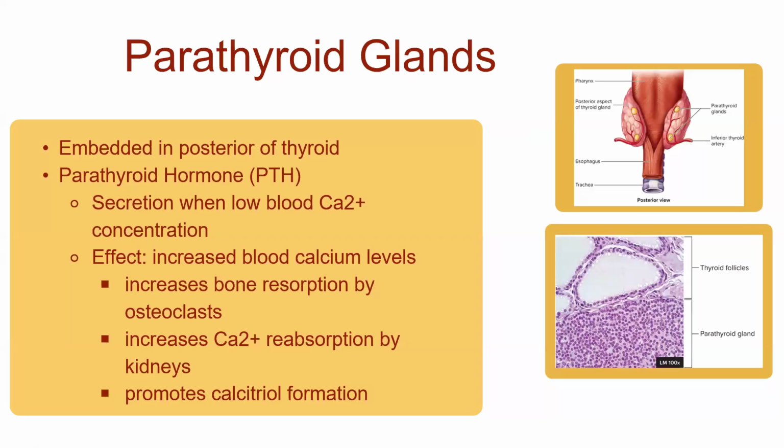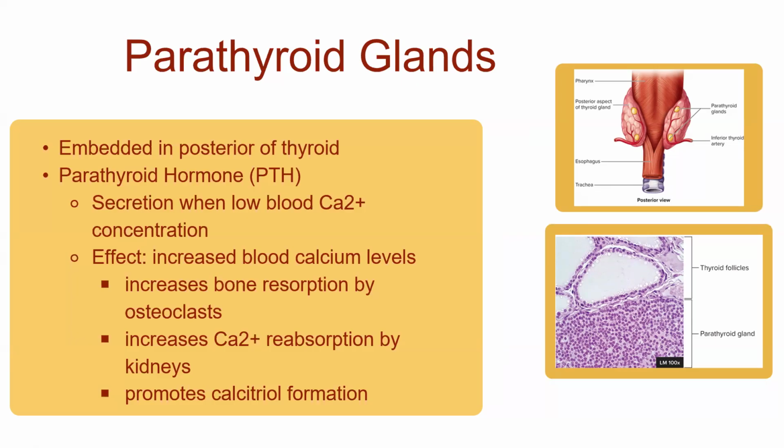The parathyroid gland is an easy one to remember because it's only got one hormone, parathyroid hormone. So it's got one job. It's going to secrete parathyroid hormone if blood calcium gets too low. It does this in a couple different ways, the opposite of calcitonin. It's going to increase bone resorption by the osteoclasts. Remember, clasts crush.